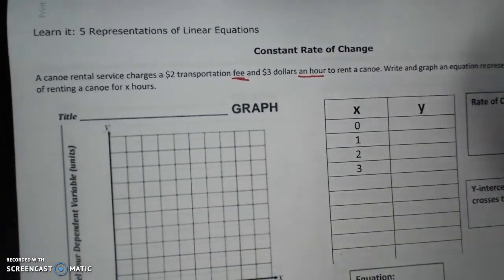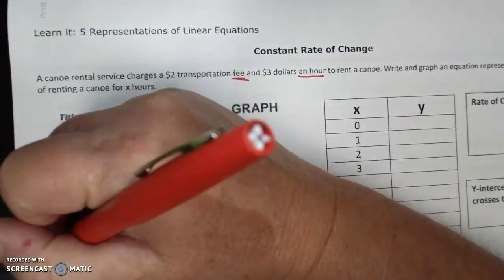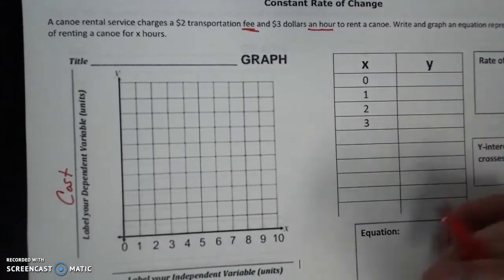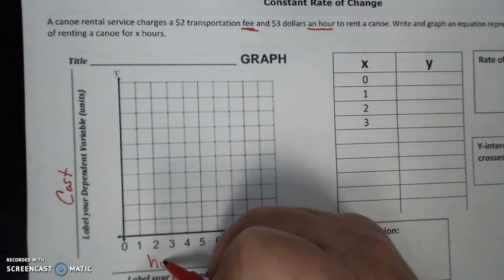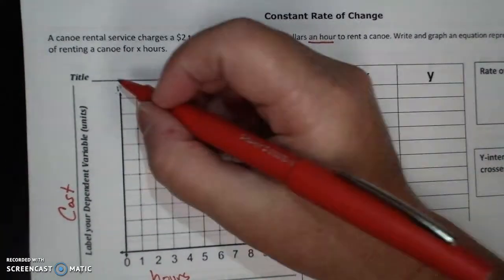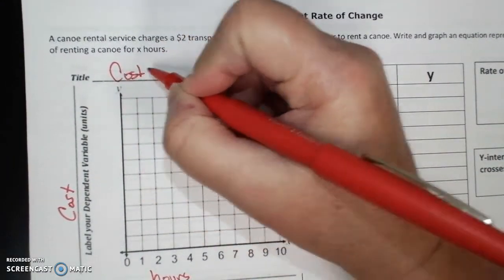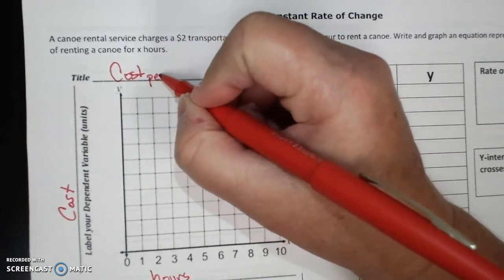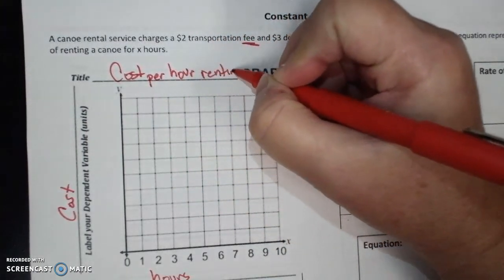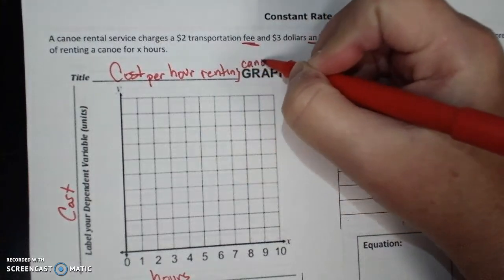Okay, so it says the cost is y. So this is cost. And it tells you that your x-axis is hours. And the title would be cost per hour renting a canoe.